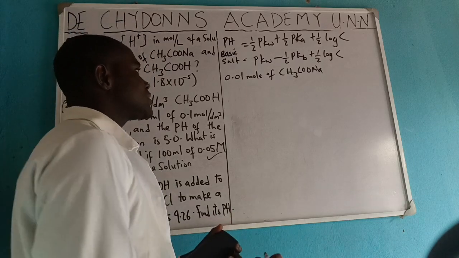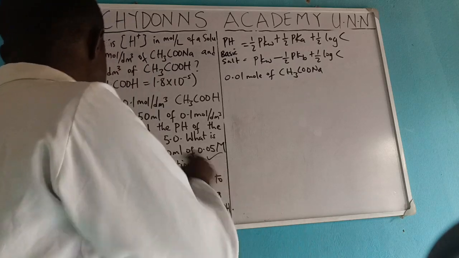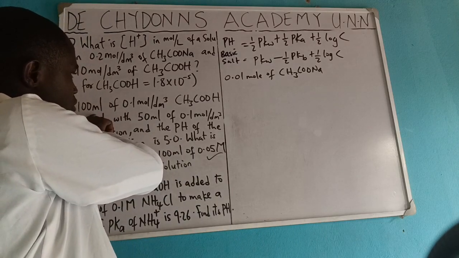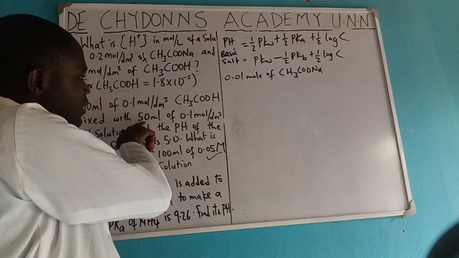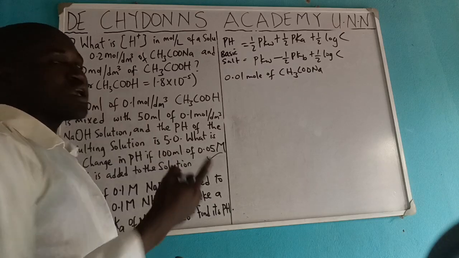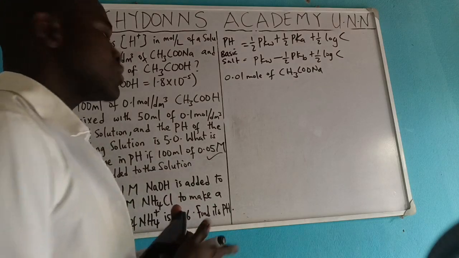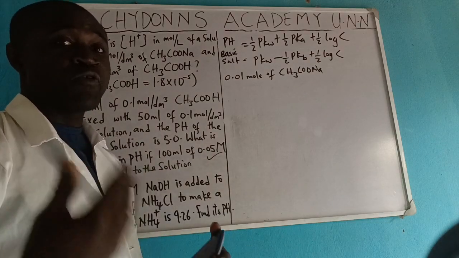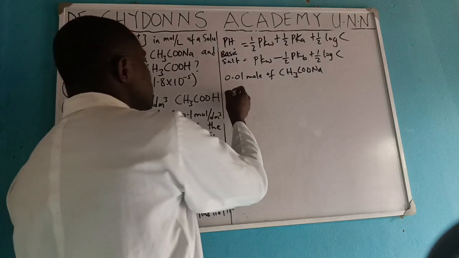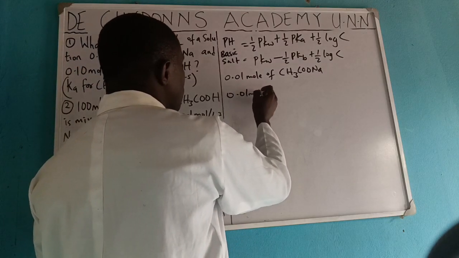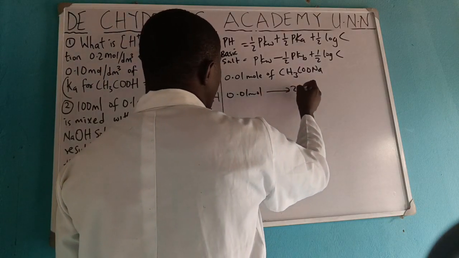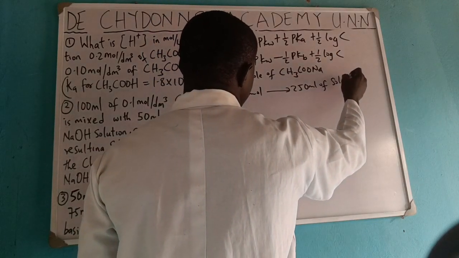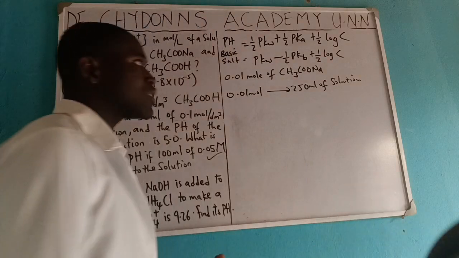How do we get it? You say that what we have here is 100 ml plus another 50 ml of what? Sodium hydroxide will give you a total of 150 ml. Then plus another 100 ml of sodium hydroxide will give you a total of 250 ml. That means this 0.01 mole is inside 250 ml of what? The solution, that is salt and water.